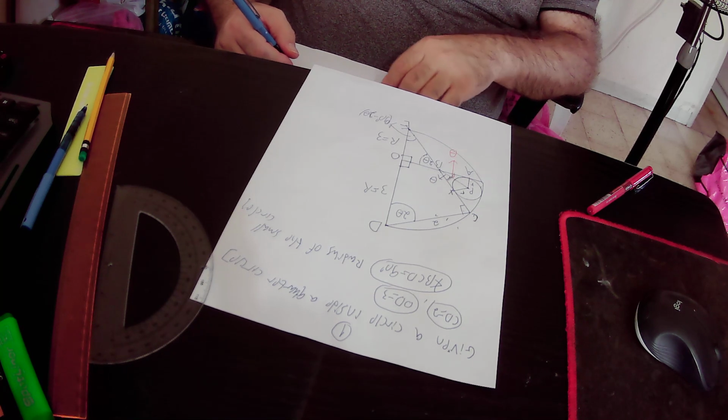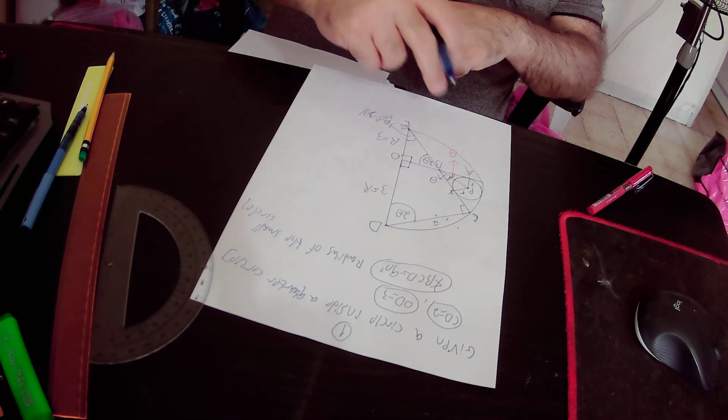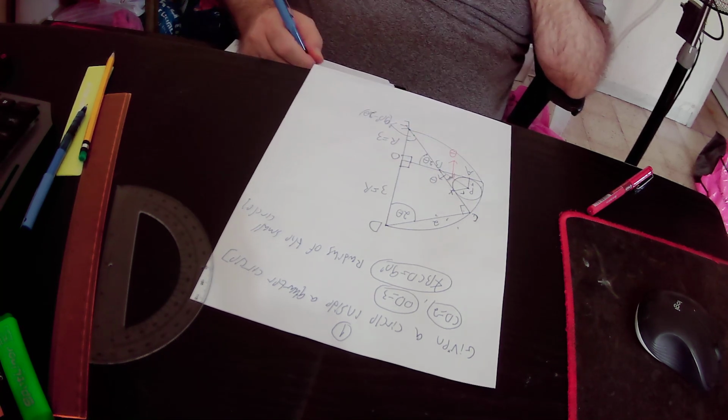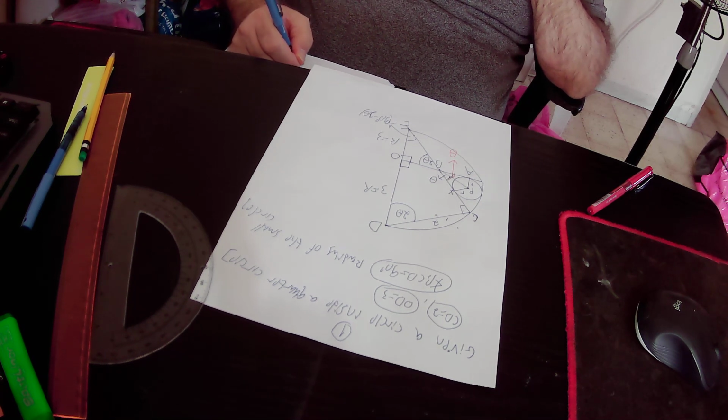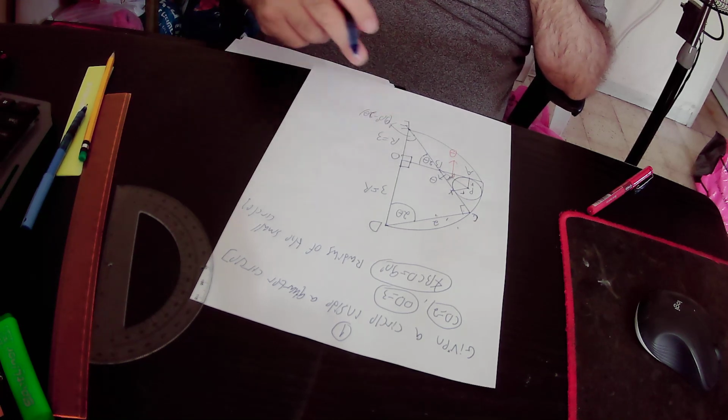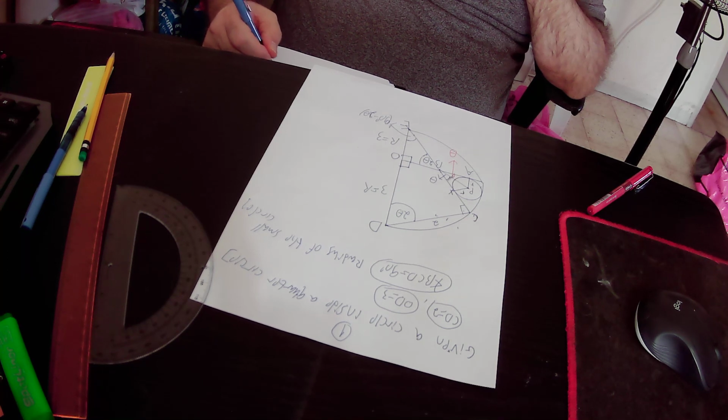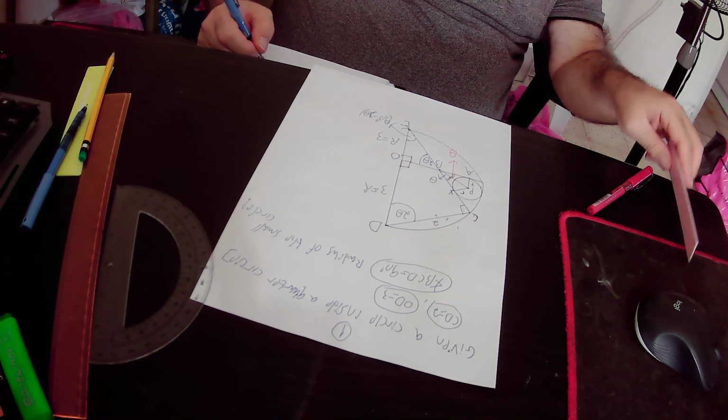That is to say, CD square plus CE square must be equal to ED square.